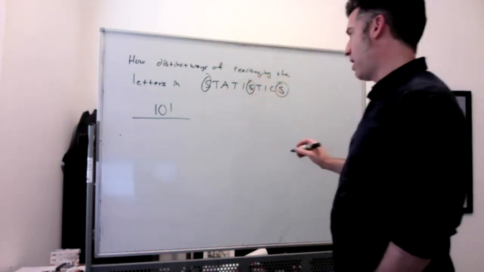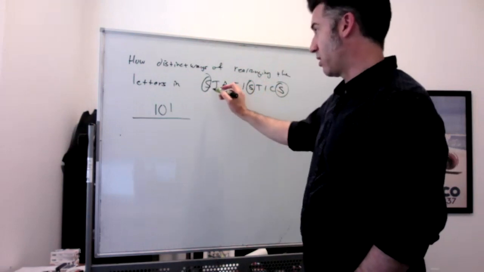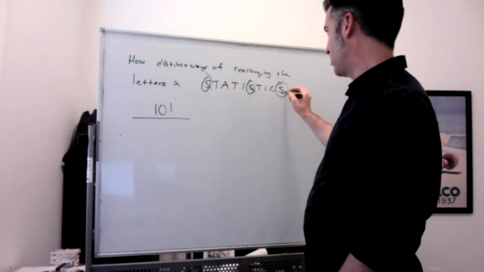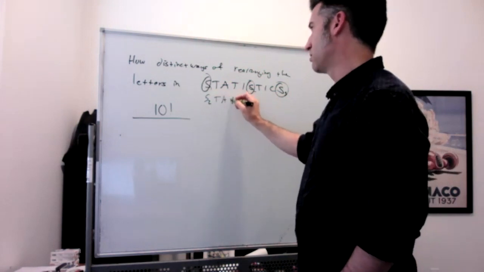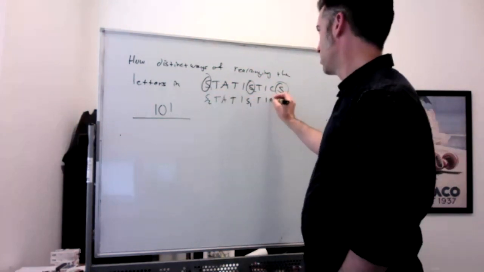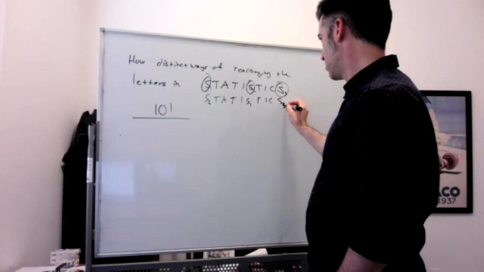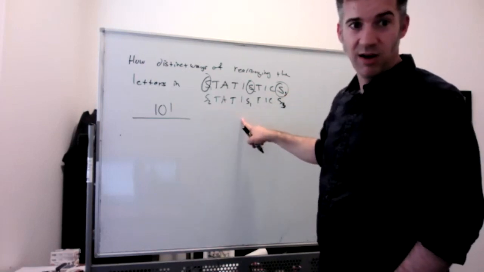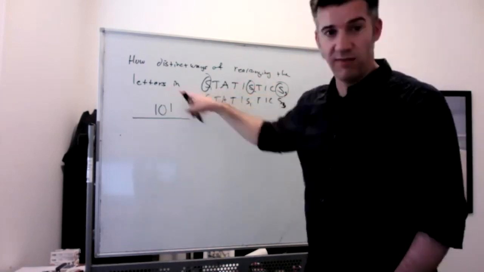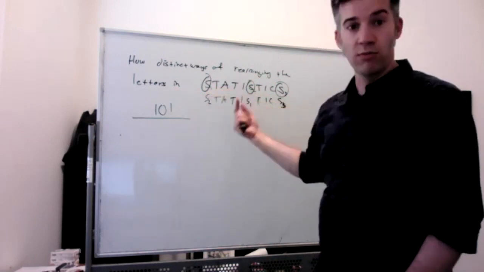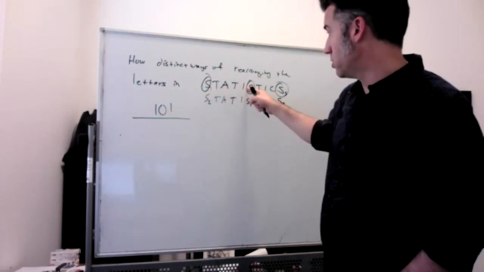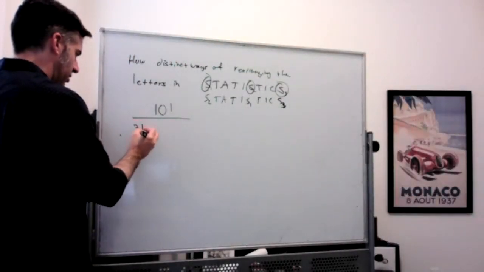Maybe you have the word statistics where the first S is here, the second S is here, the third S is here, and maybe you also have the word statistics where the second S is there, the first S is there. Those are getting counted differently in your 10 factorial, but we don't want them to. So we have to divide by all the ways you can permute those 3 S's, which is 3 factorial ways.